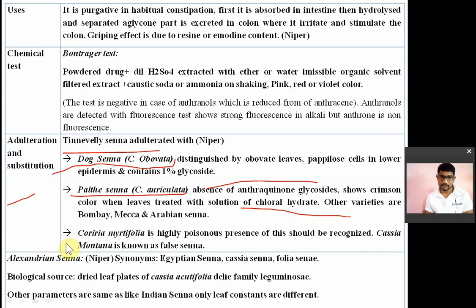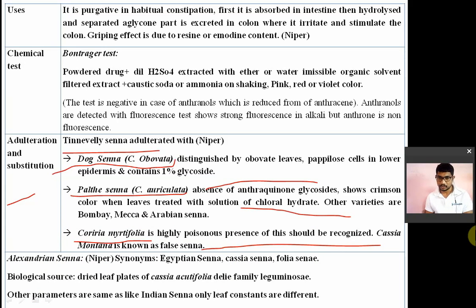There is another drug known as Coriaria myrtifolia, which is a highly poisonous drug, and its presence in the Senna should be recognized, because if it is present, it may poison you.